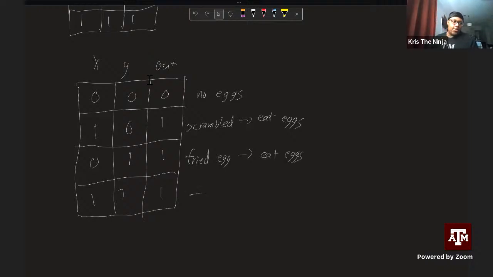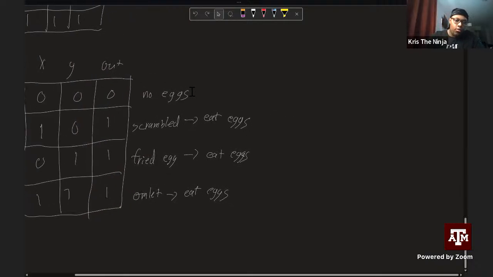Or if I wanted, I guess, if you cook an omelet on really high heat, it's like frying a scrambled egg. So we'll say omelet, but you still get eggs. So that's kind of what that situation is called, an OR gate.